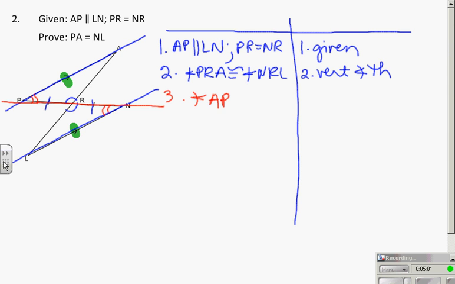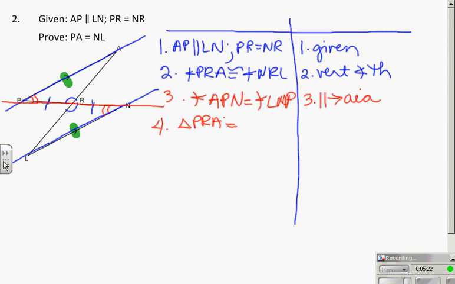So I have angle APN is equal to angle LNP, because parallel implies AIA. I know parallel, it gives me alternate interior angles. My picture is marked.